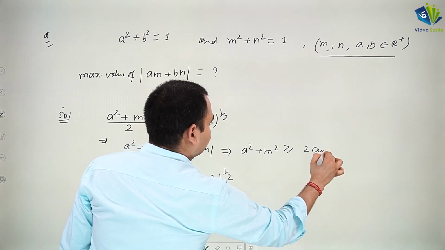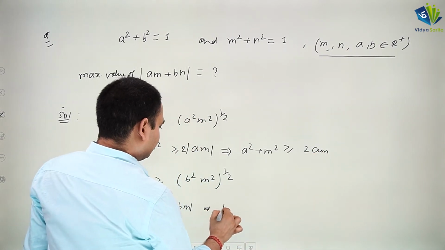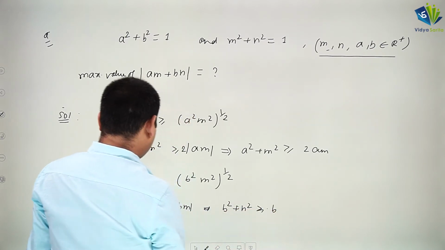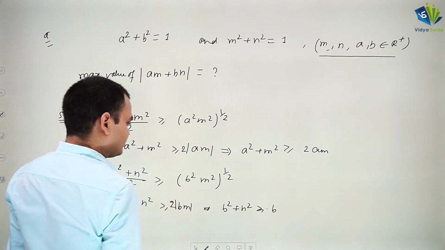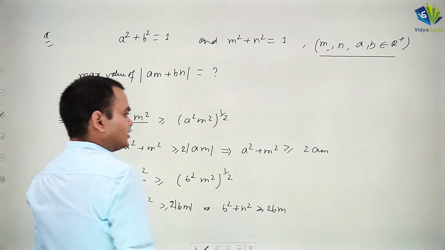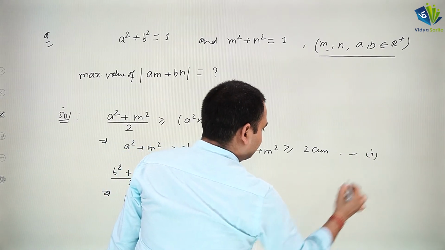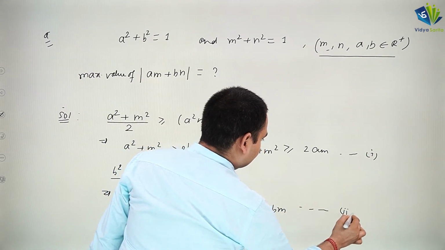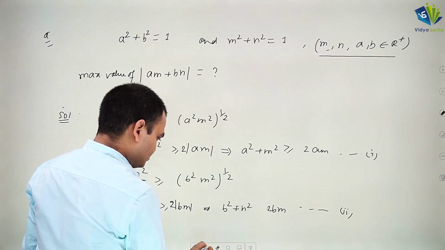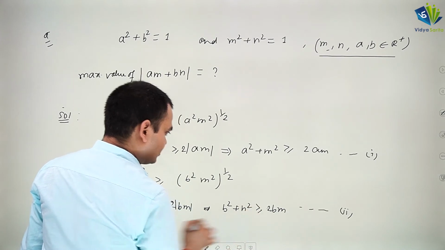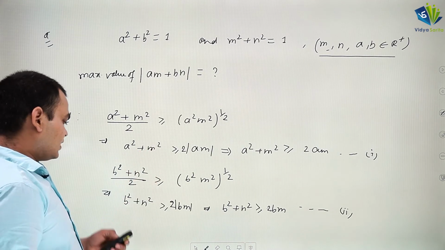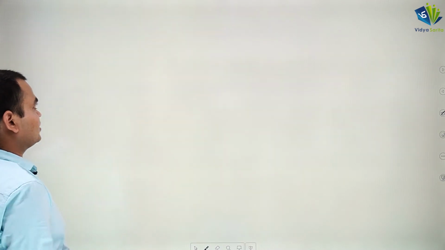So a square plus m square is greater than or equal to 2 times am, and b square plus n square is greater than or equal to 2 times bn. Okay, this is our equation number 1 and this is our equation number 2. If we add equation 1 and equation 2, let us see what we are going to get.